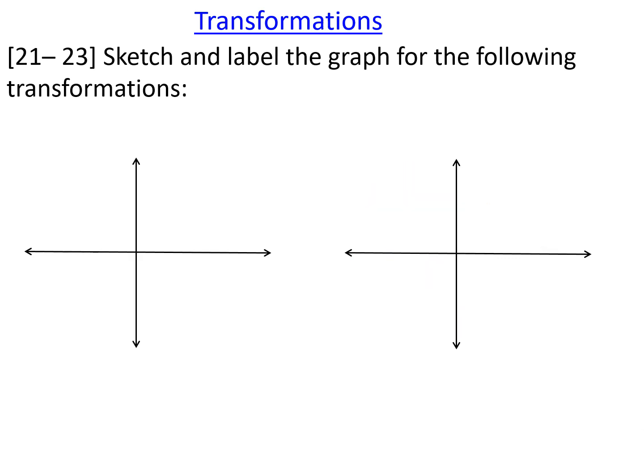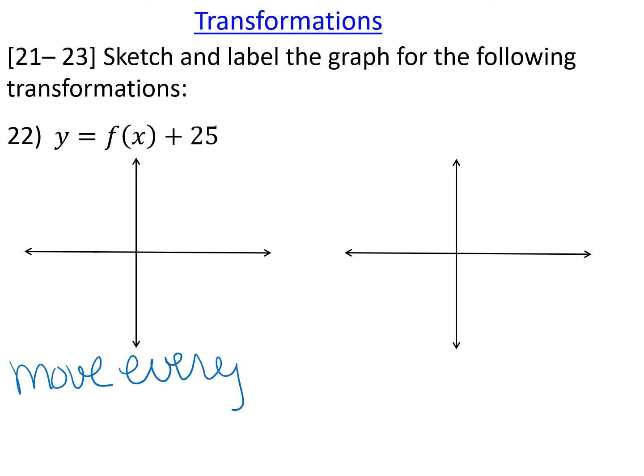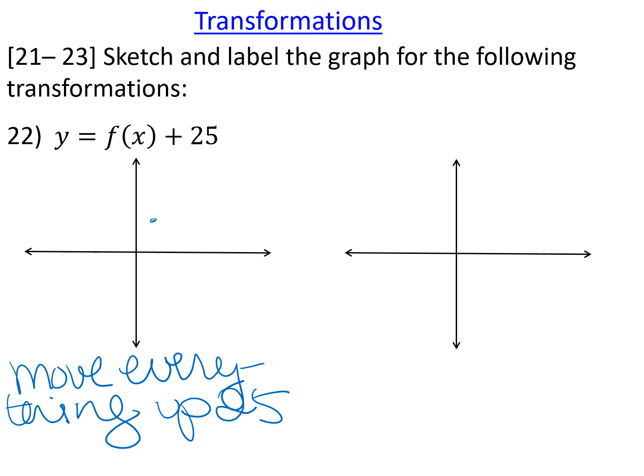Okay, so it says we're going to move everything up 25. So when I move it up 25, that 1, 0 becomes 1, 25. That 3, 3 becomes 3, 28.